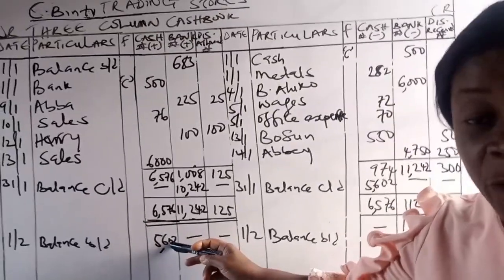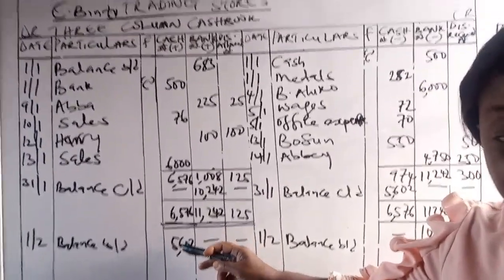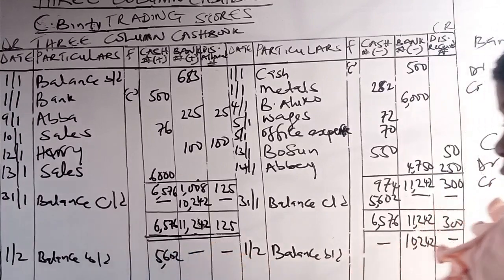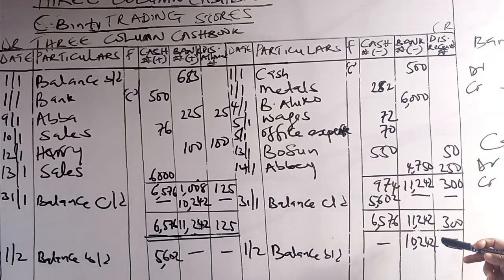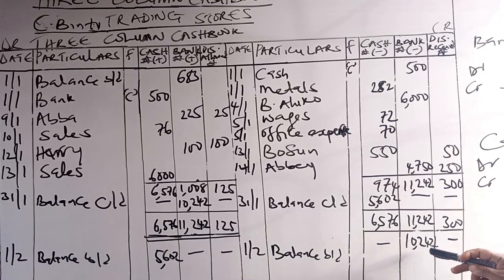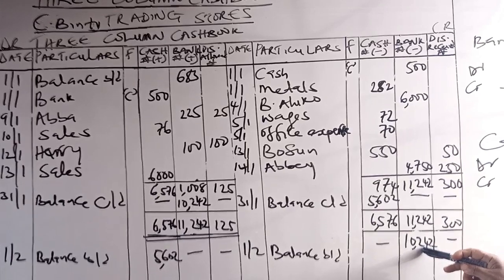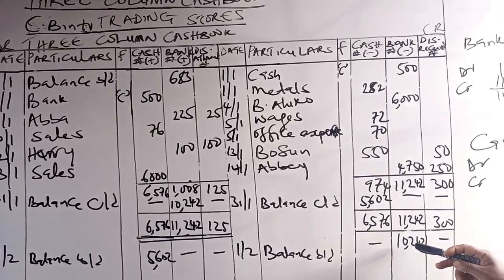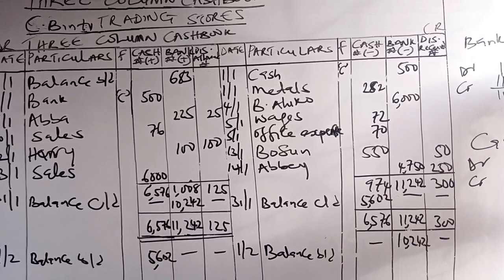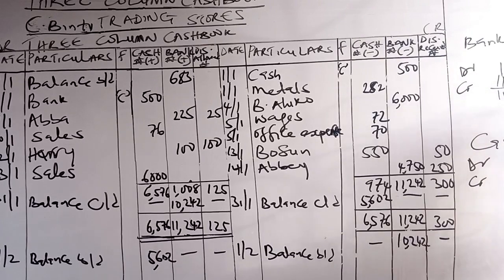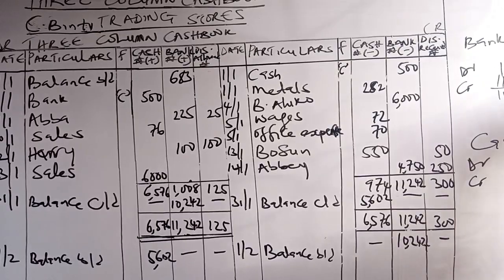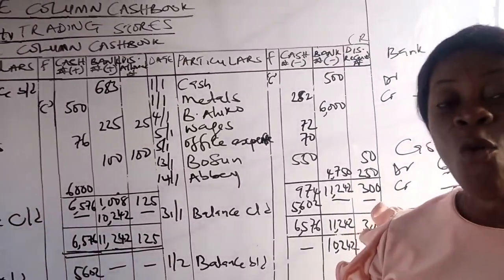Remember that in our last video I told you that assets are debit opening balance, but looking at this bank column, we can see that the opening balance is on the credit side, which makes it an overdrawn opening balance, because they deposited 1,008 naira in the bank account, but they withdrew 1,250 naira from the bank, which makes it a bank overdraft.